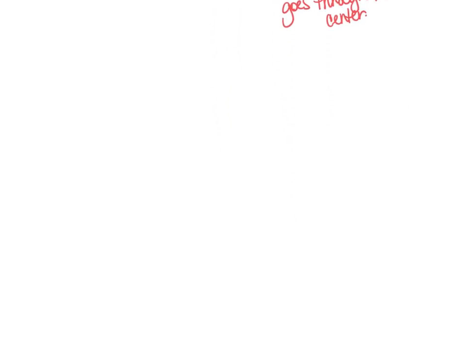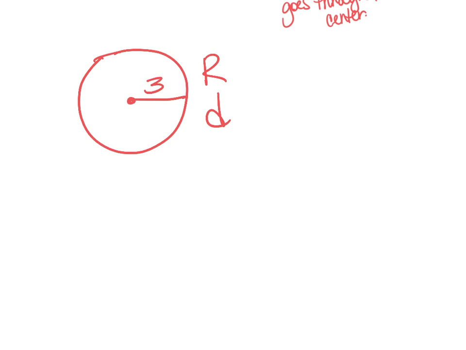All right, so for part of your homework, they're going to give you a picture, and they're going to ask you to find the radius and the diameter. So you're going to look at the picture, and in the picture, that's the halfway mark. That is the radius, and they told you that it is 3.